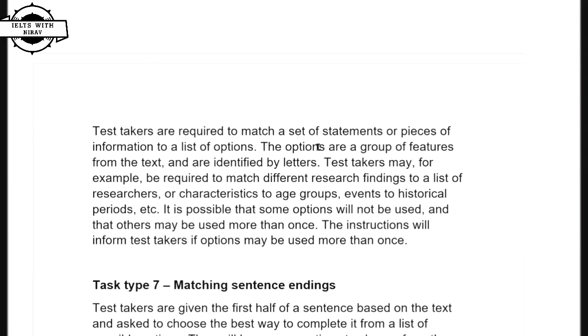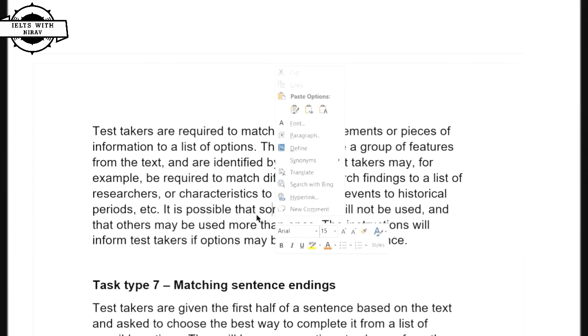The options are a group of features from the text and identified by letter. Test takers may, for example, be required to match different research findings to a list of researchers, characteristics to age groups, events to historical periods. It is possible that some options will not be used. So you need to consider this.